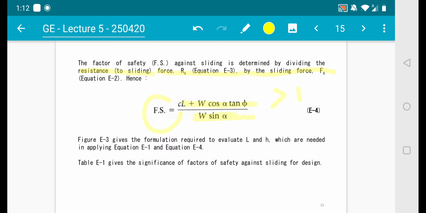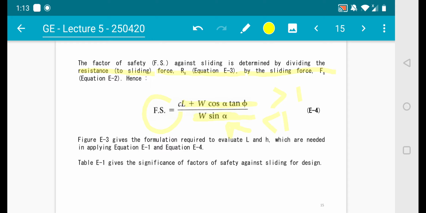Whereas if you look at it the other way, if the resistance has a lower value than the stress, then when you calculate the factor of safety, it will become less than 1. And this is prone to unsafe slope stability.